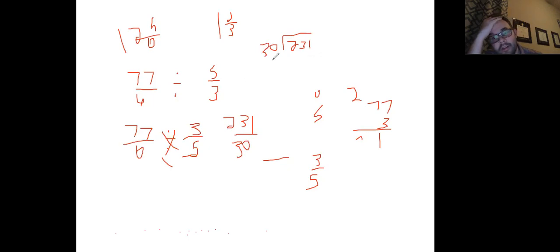So I'm going to say 30 into 23, or 3 into 23 would be 7 times, right? That's going to give me 7 times 30 is 210. So 1, so 2. So I'm left with that, put a decimal, 7 and 7/10.